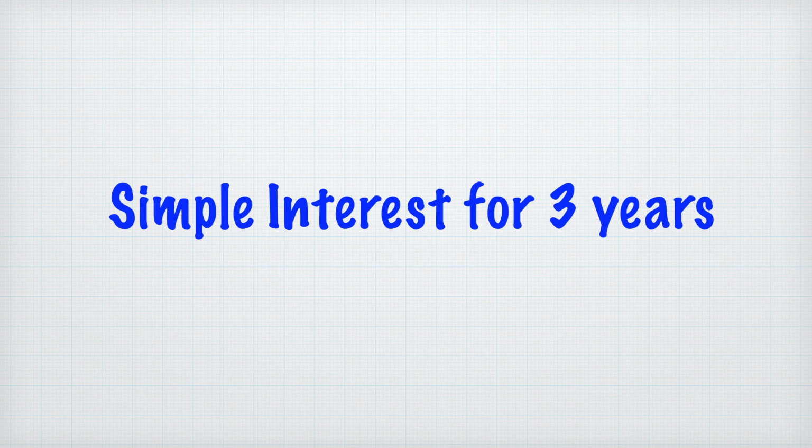Okay, with that, let's move on into a case of simple interest for 3 years. A couple of points here. First of all, simple interest might seem easy and mathematically easier and an easier formula, but in the real world, it's rarely there. For example, if you go to a bank and deposit some money for a couple of years or maybe 5 years, the way the interest will be generated is compounded, right?